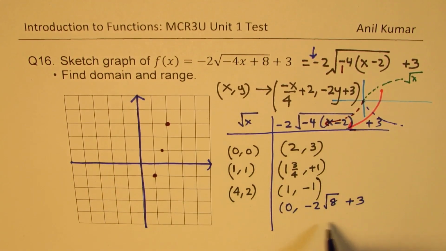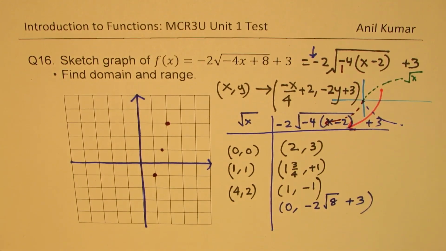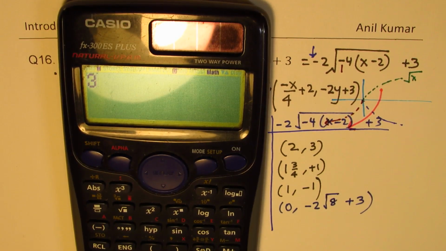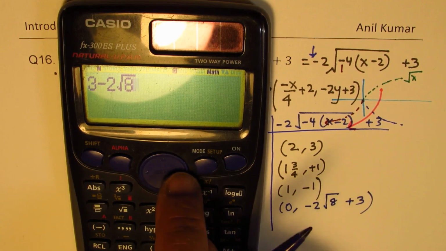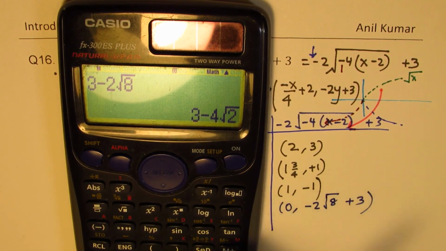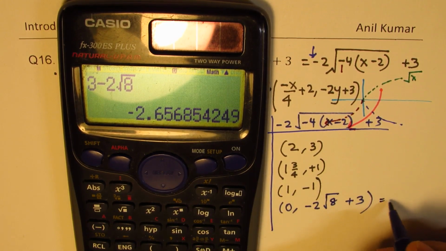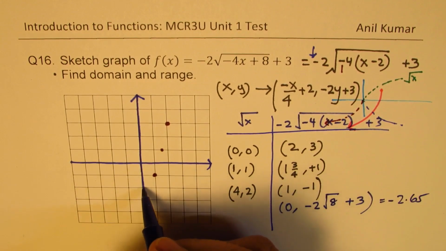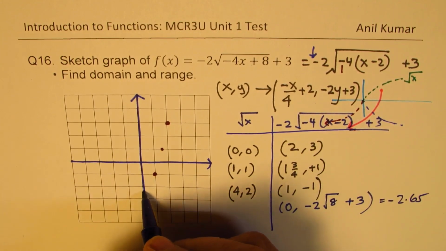So what we will do here, since this is an approximate number, so let's get an idea of this number. It is basically 3 minus 2 square root 8, right? And that is equal to, in decimals, minus 2.65. Okay. So we just got an idea about this. So minus 2.65, somewhere here, right?